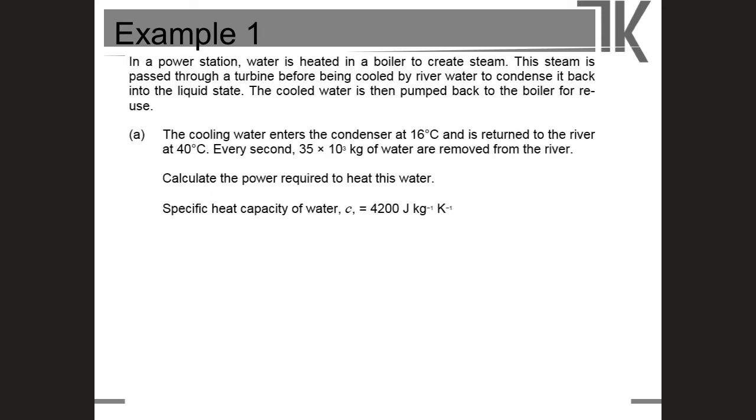Alright, so this question reads, in a power station, water is heated in a boiler to create steam. This steam is passed through a turbine before being cooled by river water to condense it back into the liquid state. The cooled water is then pumped back to the boiler for reuse. The cooling water enters the condenser at 16 degrees Celsius and is returned to the river at 40 degrees Celsius.